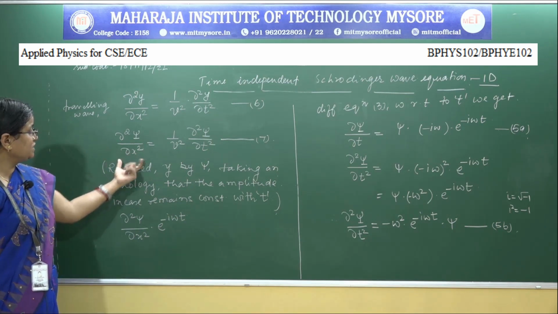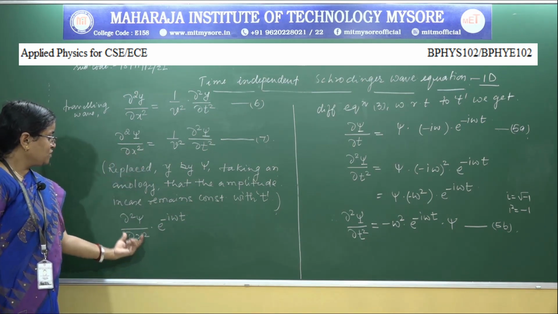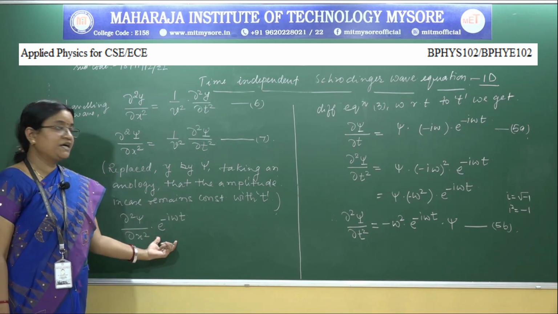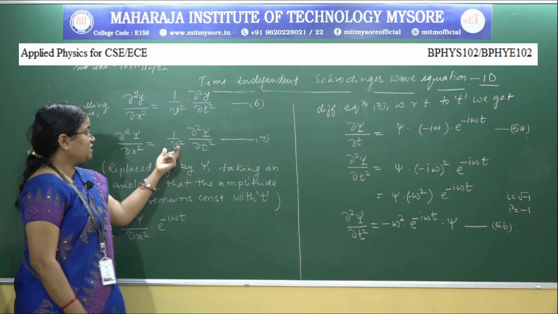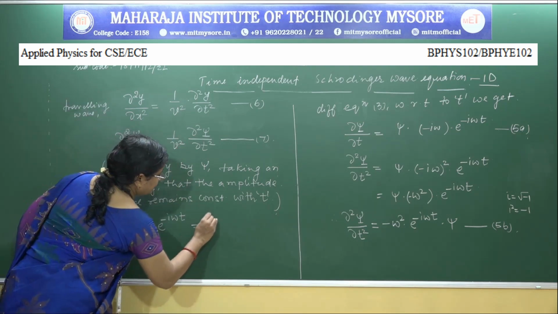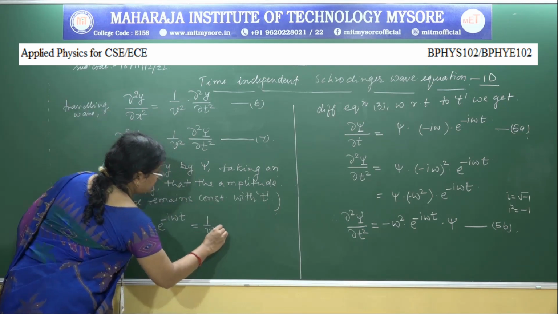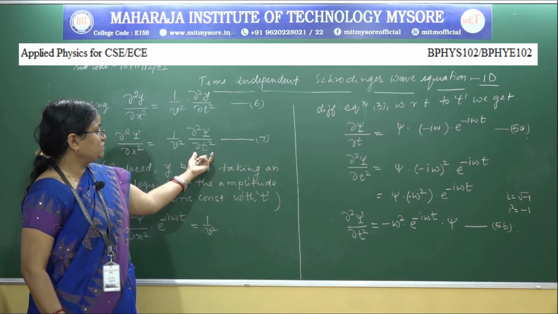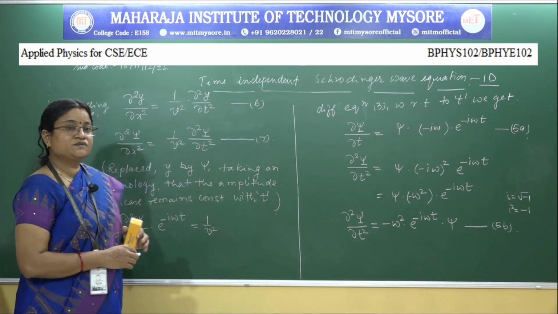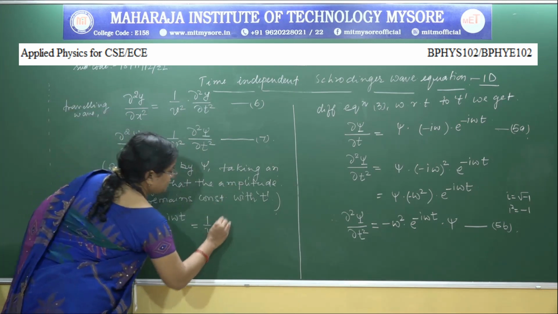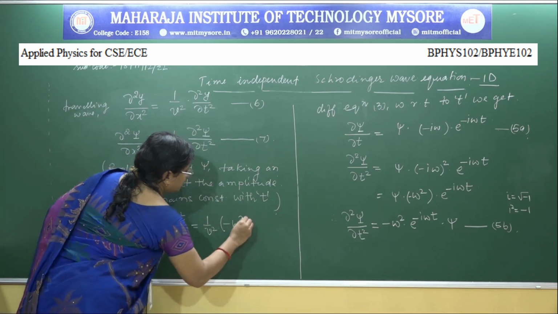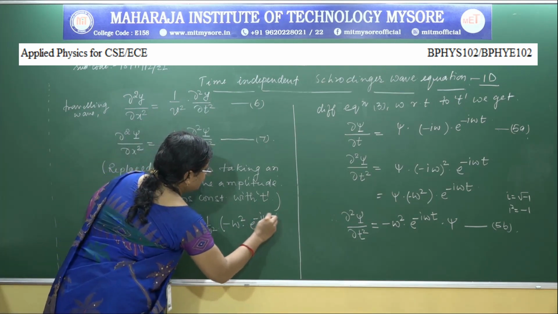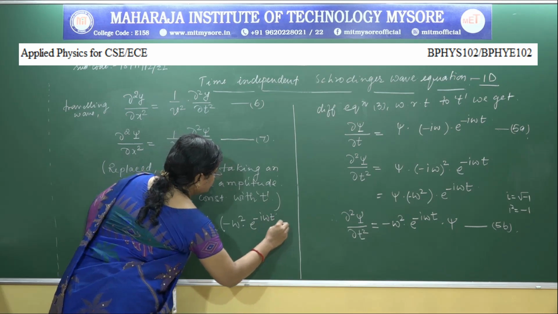Dou square psi by dou x square was equal to dou square psi by dou x square into exponential of minus I omega t. We will retain 1 by v square as it is, and we will substitute the value of dou square psi by dou t square as is in the equation 5b. It is equal to minus omega square exponential of minus I omega t into psi.